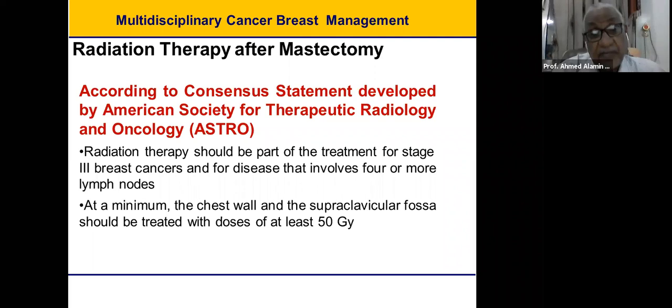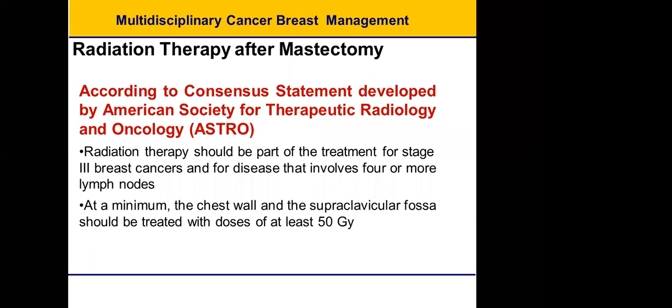The idea behind that is that there are internal mammary lymph nodes which cannot be detected easily by all available imaging techniques, and you presume in locally advanced disease they are involved. So at least after you remove the breast, you give radiation to kill any malignant cells in these invisible lymph nodes inside the chest.